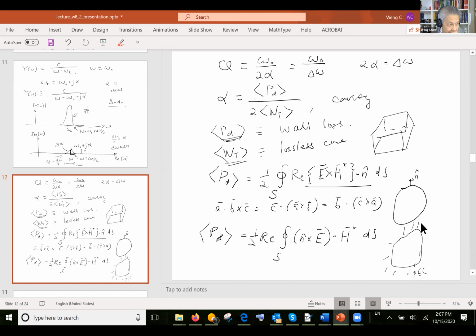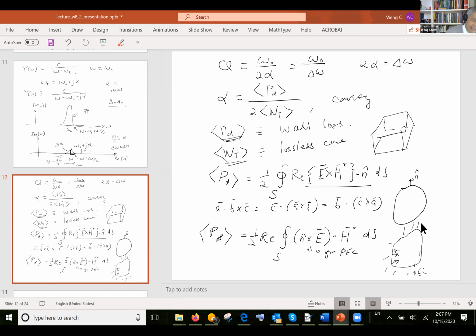Right. So we have only a perpendicular component. So the electric field should be normal to the surface, not parallel to the surface. I agree. So n cross E should be 0 on the PEC. There's no tangential component.